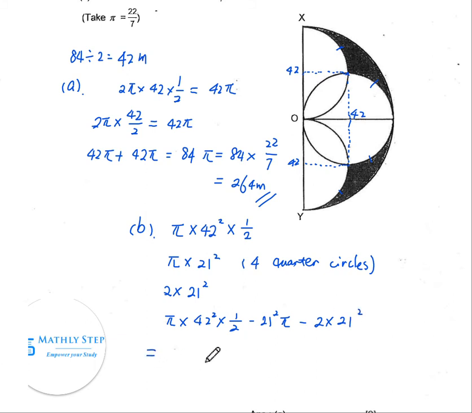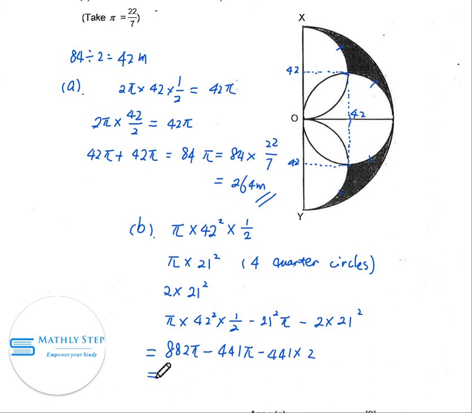It is equal to 2 pi minus 1 pi minus 1 times 2.